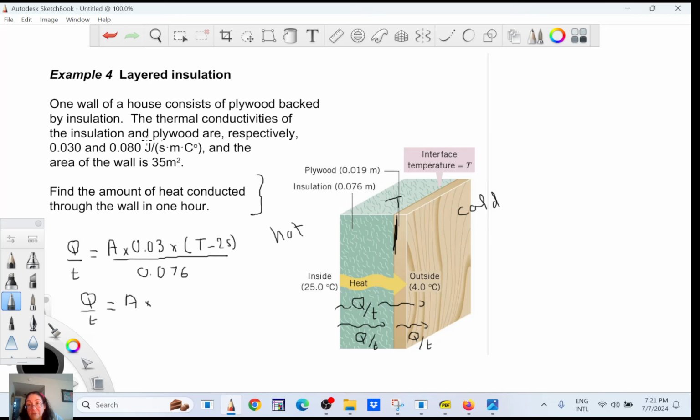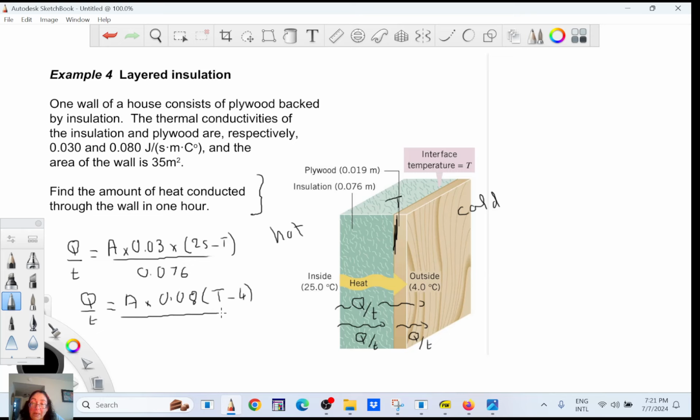The conductivity here is larger, it's not as good an insulator. Outside is hot here, so I should put 25 minus T, sorry. 25 minus T, and here is going to be T minus 4.